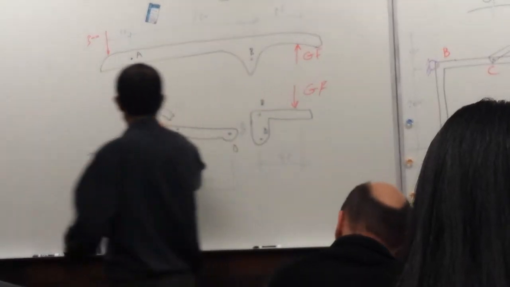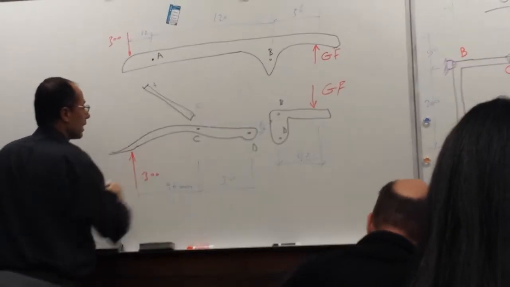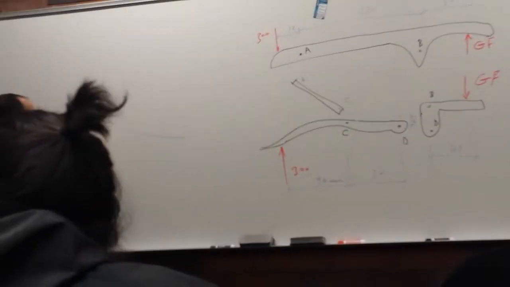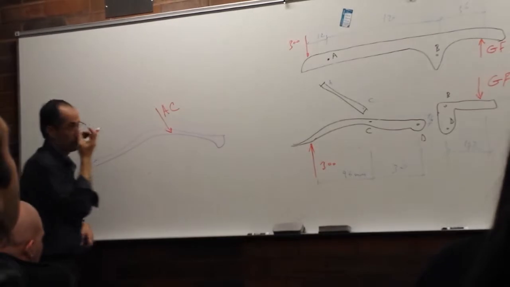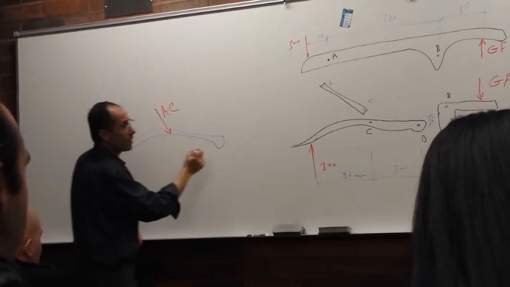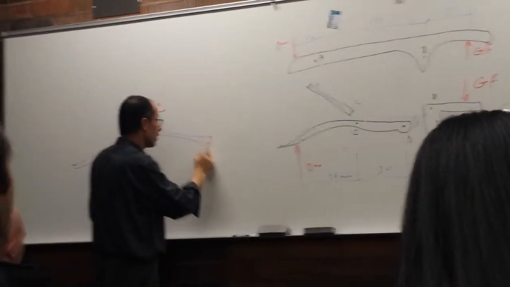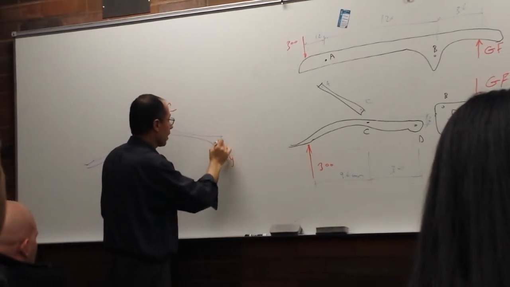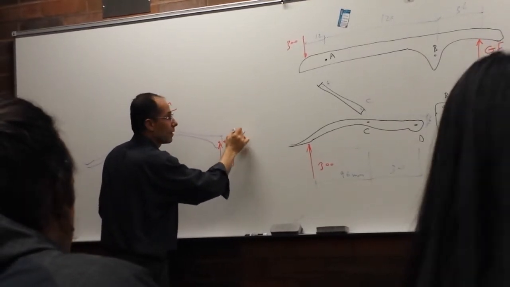So if I start with this element here, CD, it is this one here. Something like that. I have here AC, and I have here Dy, Dx.